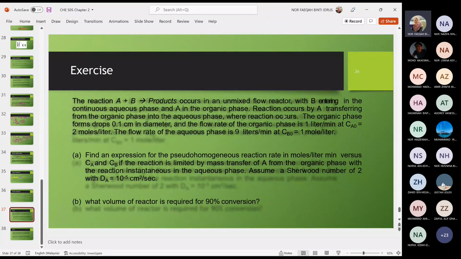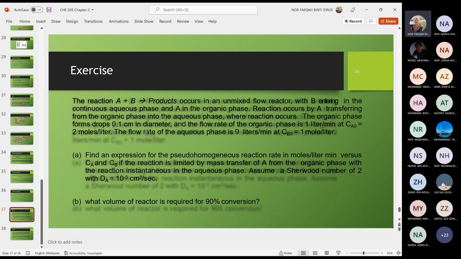Reaction occurs by A transferring from the organic phase into the aqueous phase where the reaction occurs. So A will transfer to B. This is probably a liquid-liquid phase with different densities. So we still consider it as a multi-phase reaction.